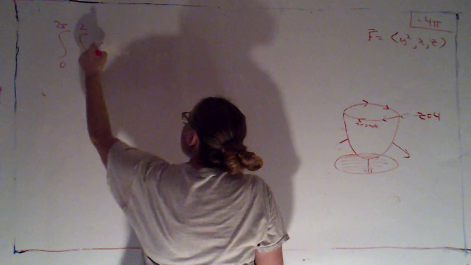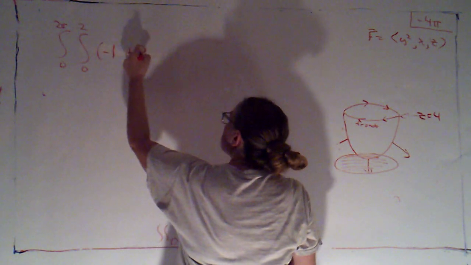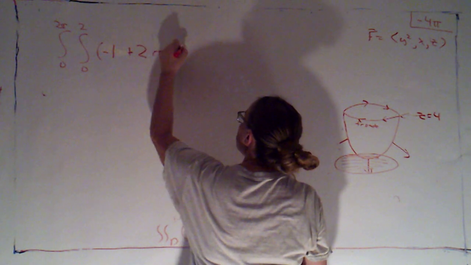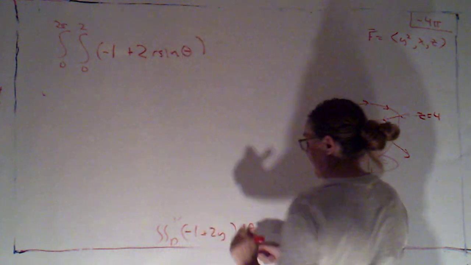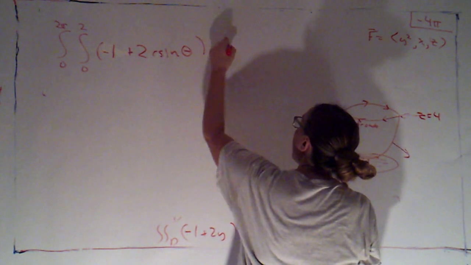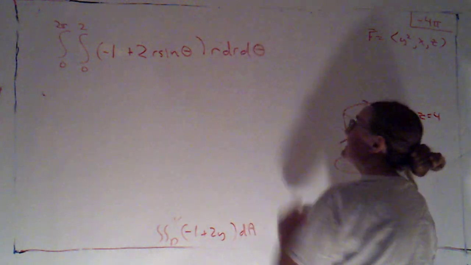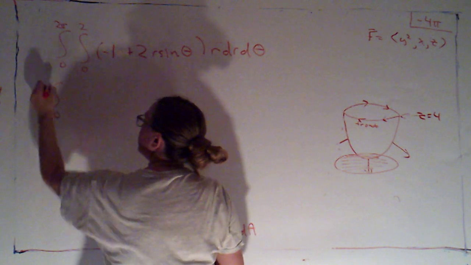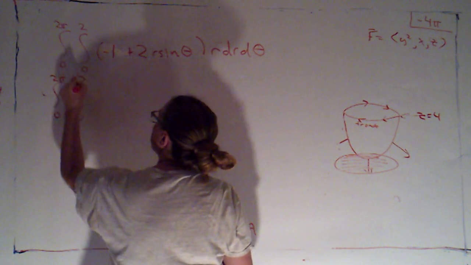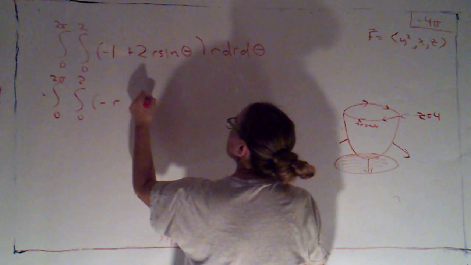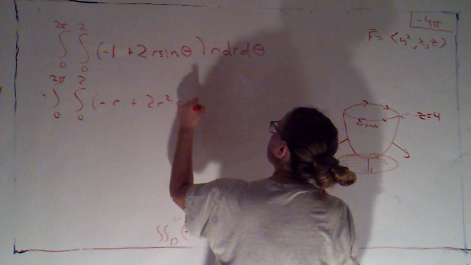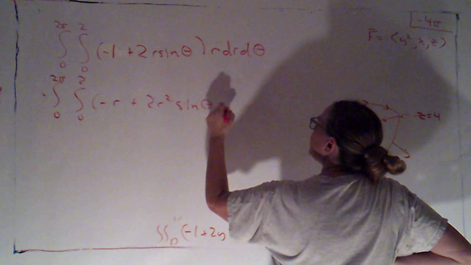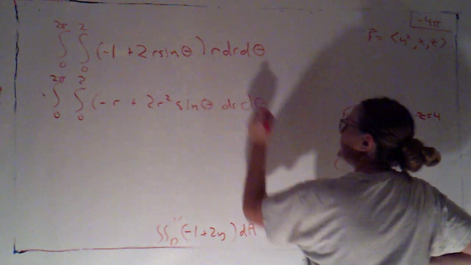All right, so it's going to be then negative 1 plus 2y in polar coordinates becomes r sine theta. And then dA becomes r dr d theta. So let's distribute that r. So I've got negative r plus 2r squared sine theta, and it's dr d theta.